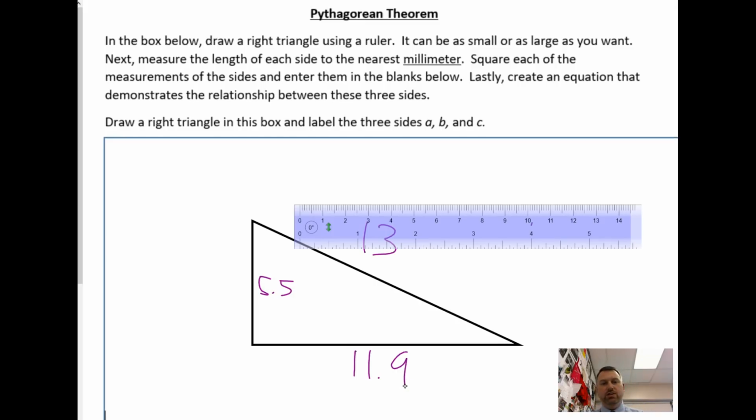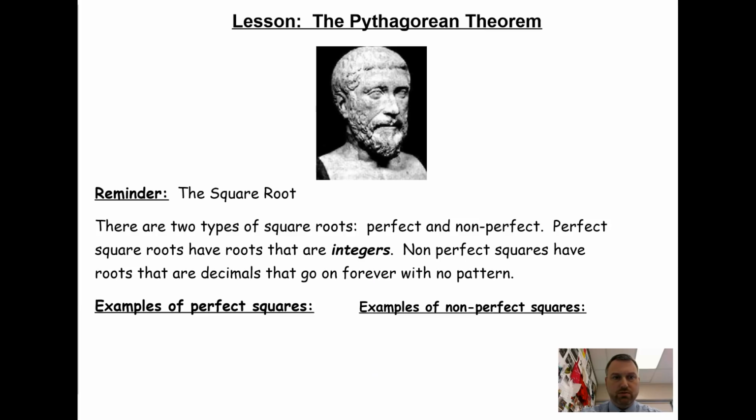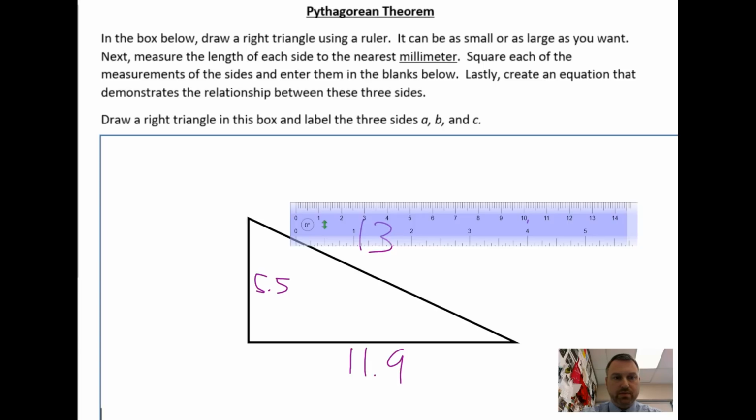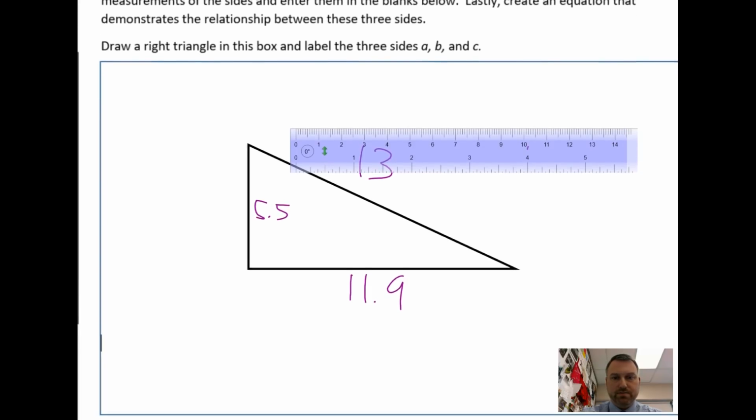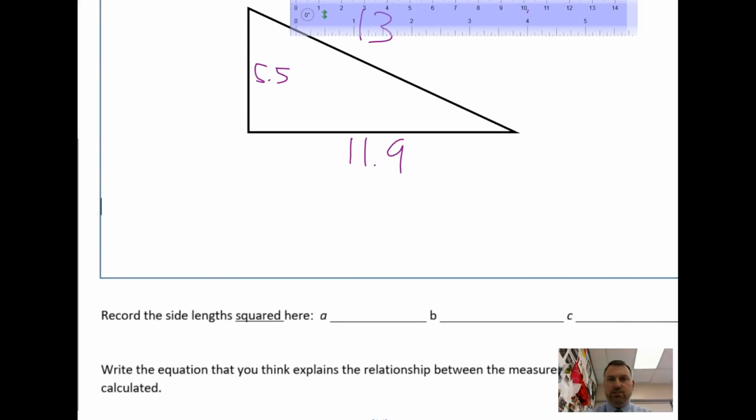Now you need to square each of these measurements. So 13 squared is 169, and 5.5 squared is 30.25. This is just for me, right?